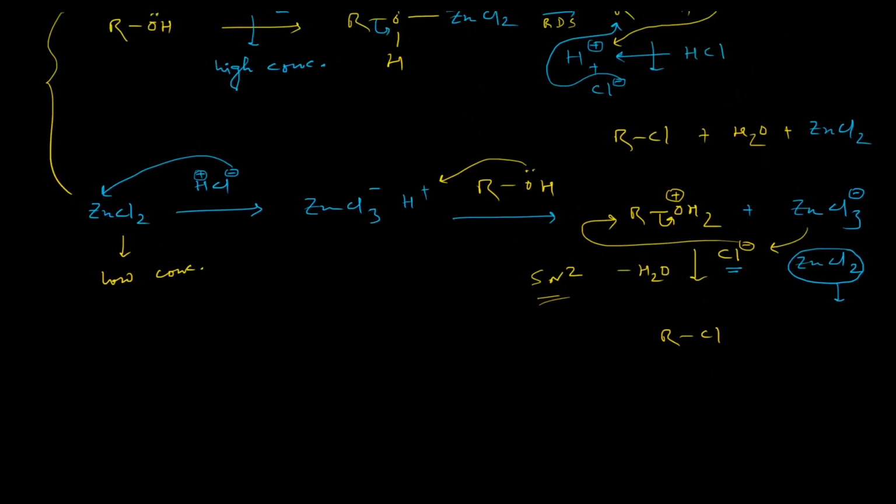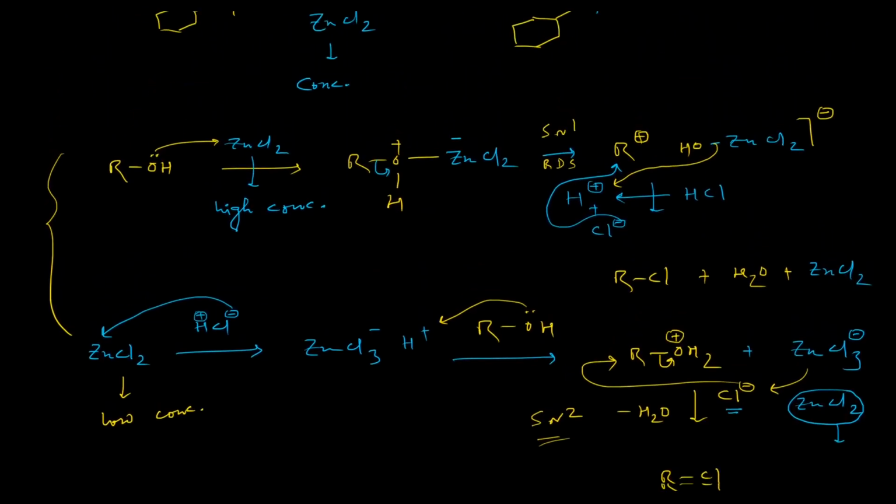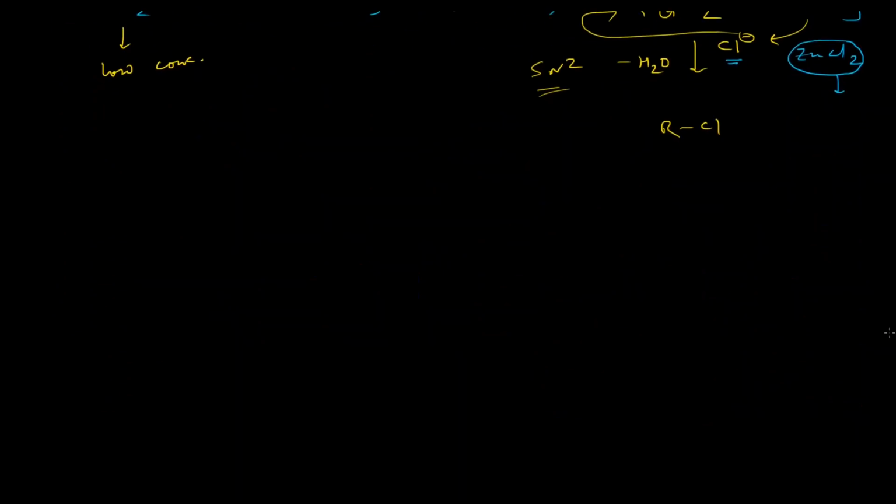So this is the case for the synthesis of primary and secondary alkyl chlorides. Now if we consider the same situation for alkyl bromides, then we need HBr, but this time for primary alcohols we need a catalytic amount of concentrated H2SO4.